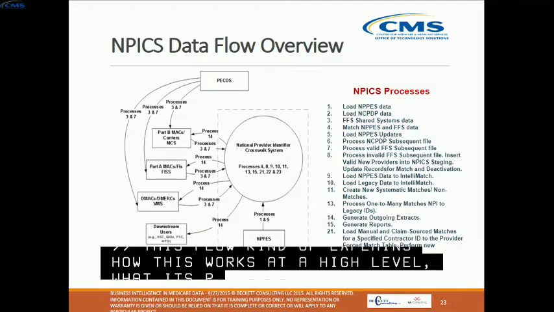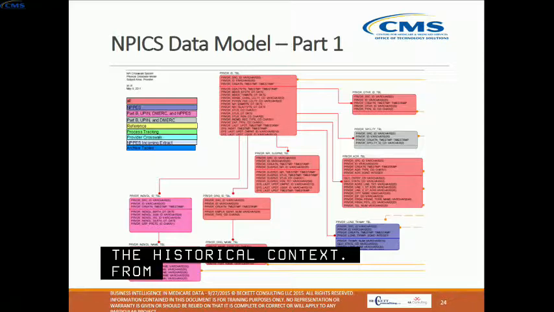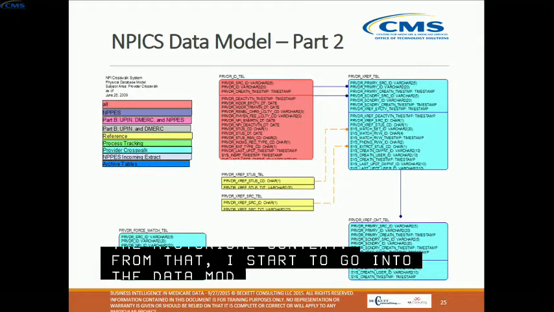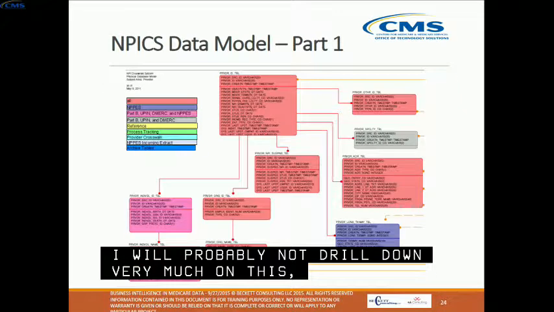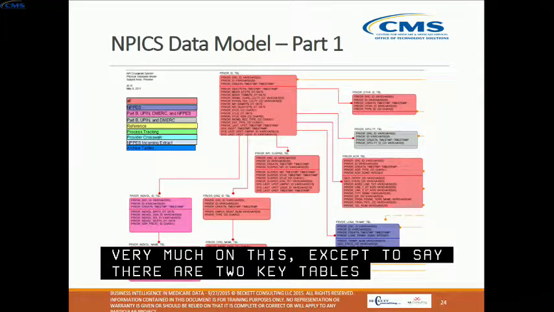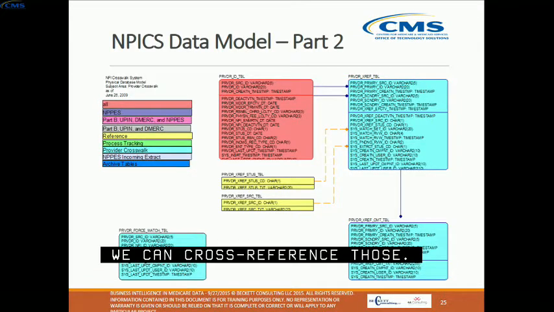And then from that, I start to go into the data model. Now, I'll probably not drill down very much on this, except to say that these are the two key tables: the provider identifier table and the provider cross-reference table. But as you can see from the first slide, there's a number of other attributes that are tracked in NPICS.